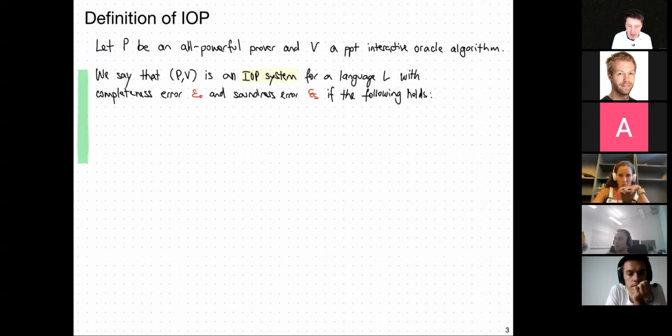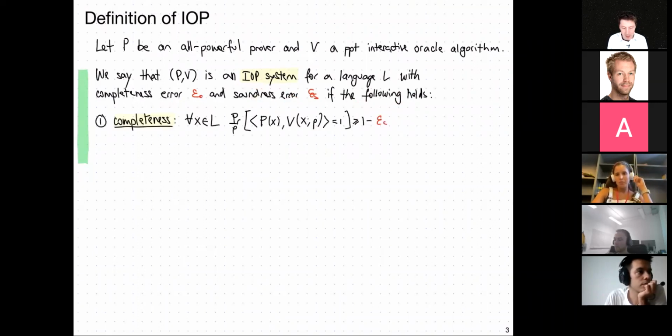We say that such a pair is an IOP system for a language L with completeness error epsilon c and soundness error epsilon s if the following holds. Syntactically, we've seen this type of statement before. For every x in L, the probability over the verifier's randomness that the verifier accepts when interacting with the honest prover is at least 1 minus epsilon c.